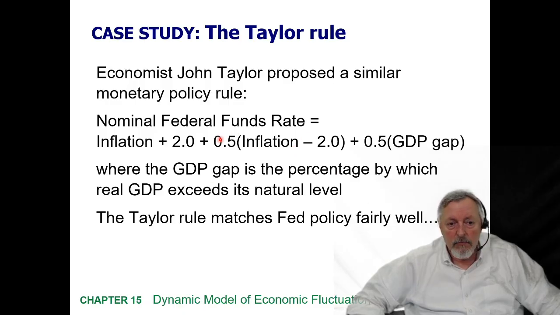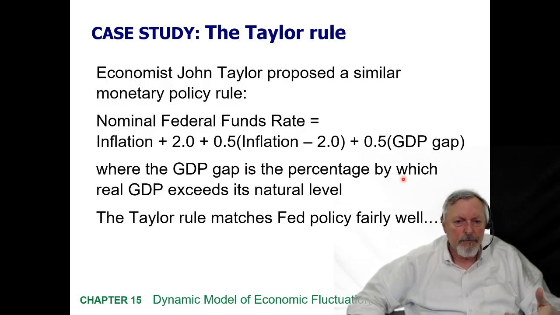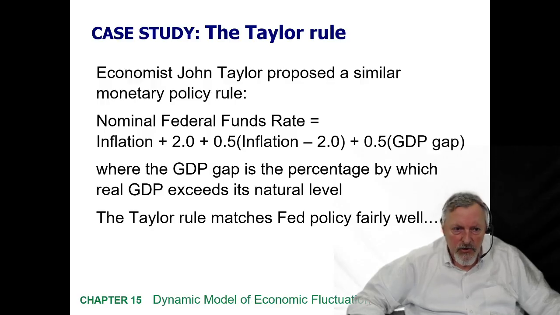They followed this rule. This was created after the fact, but they did what this simple equation would later have predicted. And they kept inflation under control for a solid quarter century, more like 30 years.